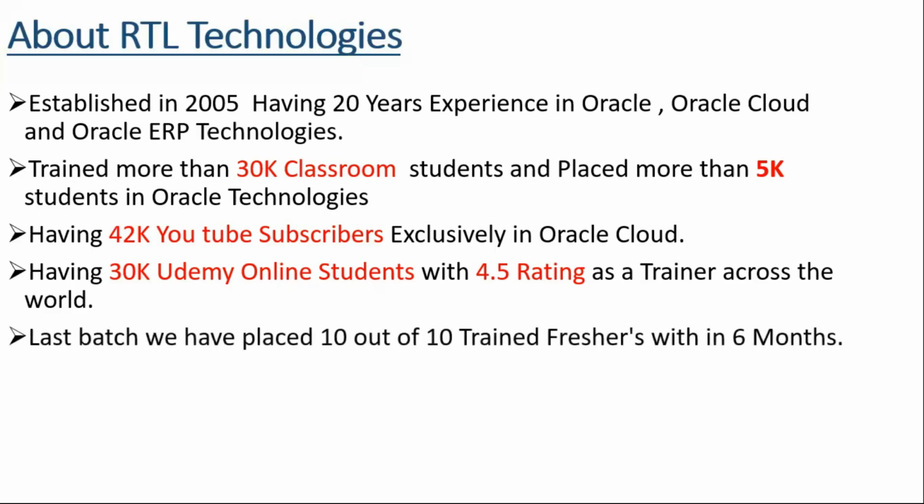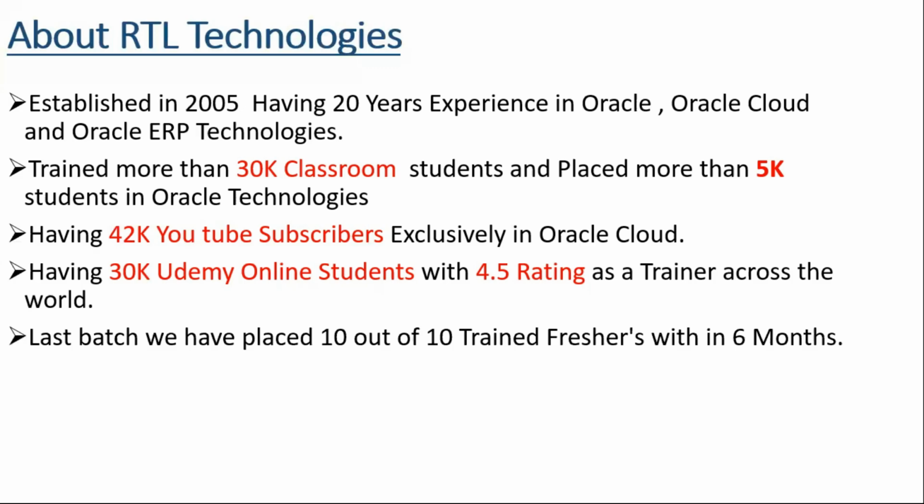And we started the last batch especially for freshers. Of course, we have been doing it for experienced people for 20 years. Six months back, we took 10 members for placements, freshers. We placed 10 out of 10 within 6 months. Now we are planning to go for 20 members.